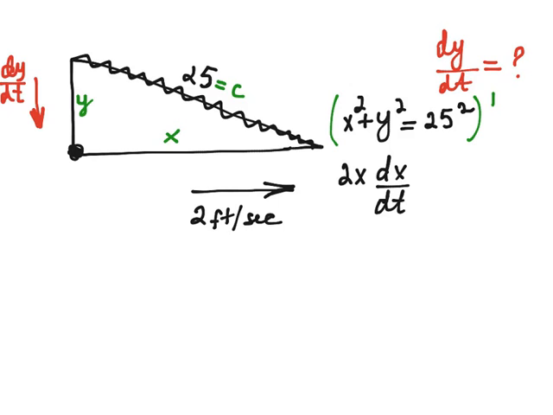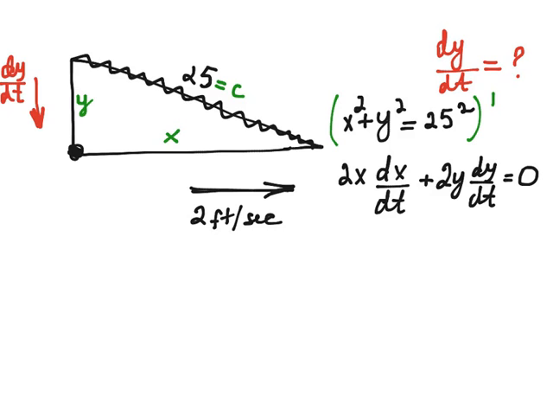Now, plus 2y, the y is also changing, dy/dt, and since the derivative of a constant is 0, I'm just going to put 0. Now it says the base of the ladder is sliding away from the house at 2 feet per second.